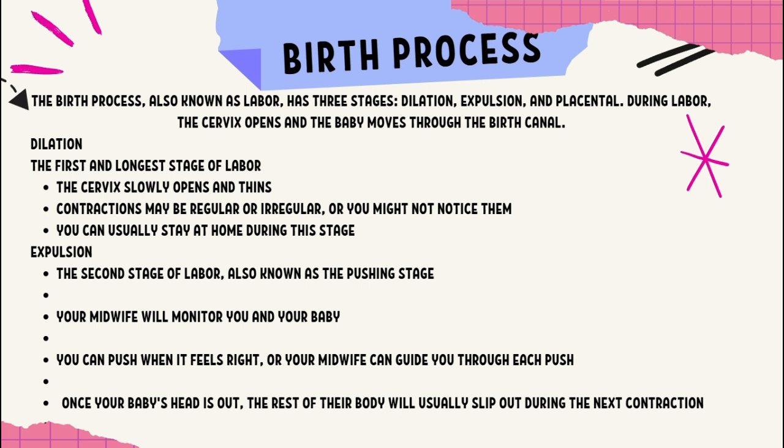In the early stage, like 1 or 2 centimeters dilated, they don't need to be in the hospital. When it starts getting serious and they keep having more, irregular or painful contractions, that is when they say, okay, we need to go to the hospital. Then expulsion, which is the second stage of labor, also known as the pushing stage.